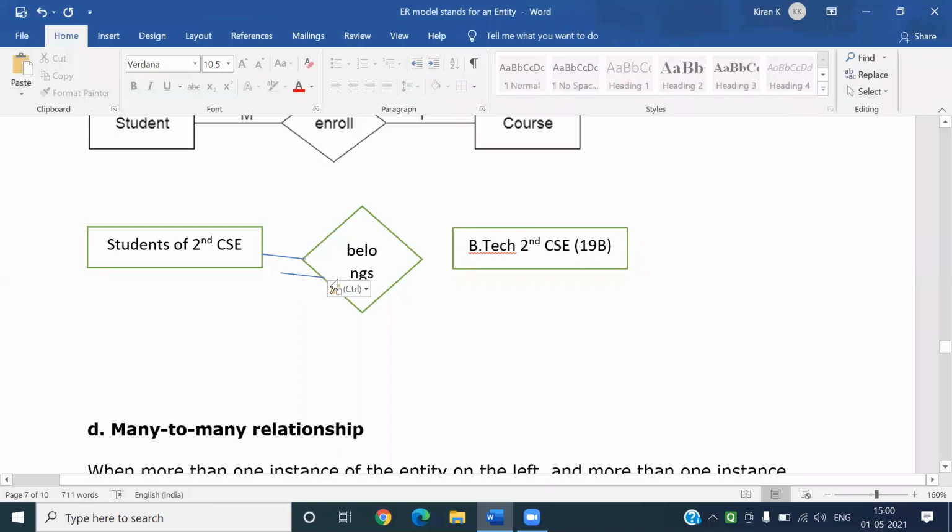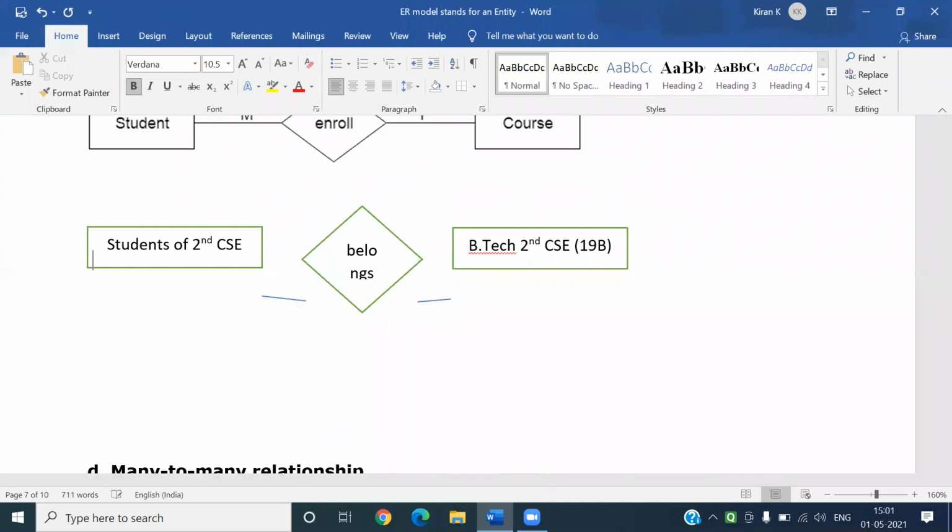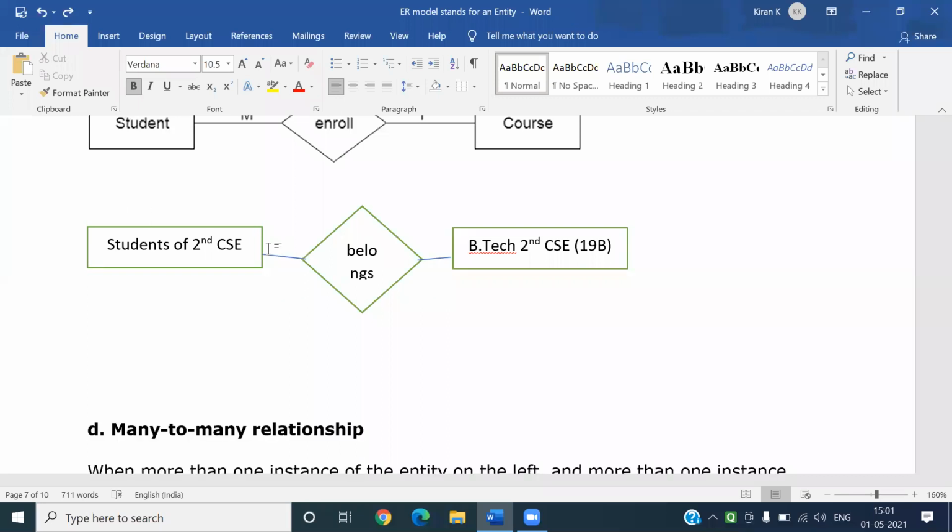So this is shown as many to one, many to one. This is called many to one.